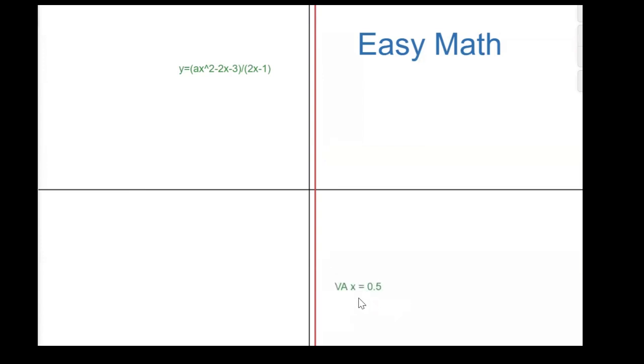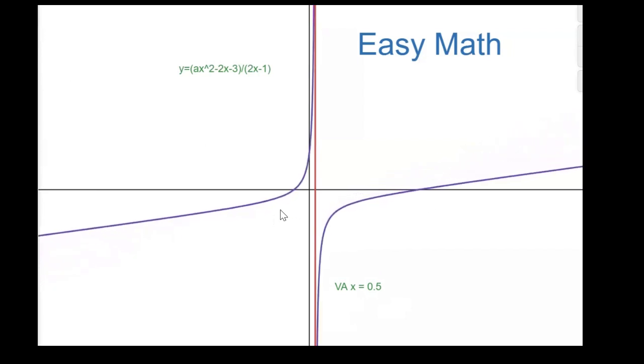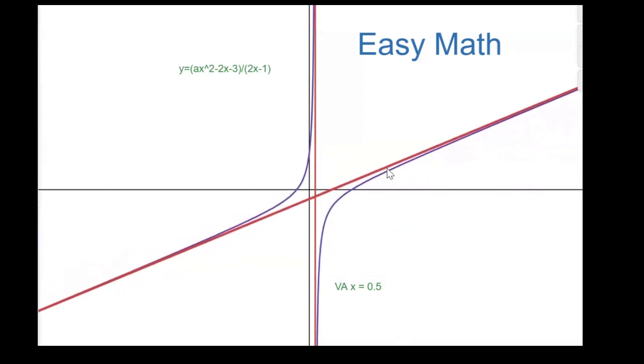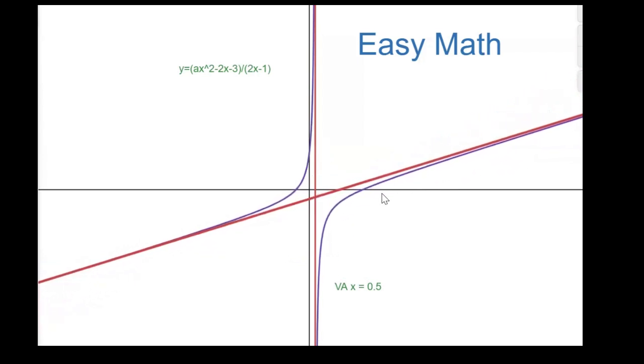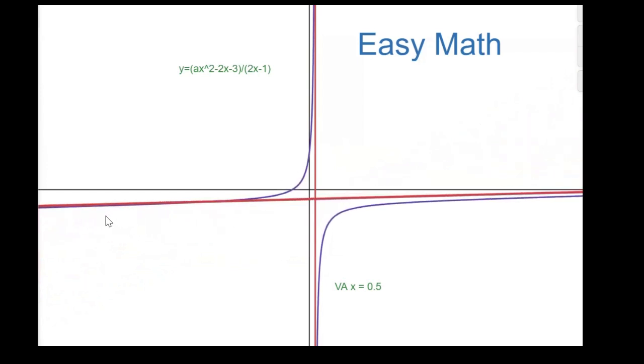Yeah, here the VA x equals 0.5. And a is changed. Yeah, this is the curve for the parabola. After the OA changes, the curve is changed because the curve cannot touch the OA. Okay, if enlarged, it cannot touch.